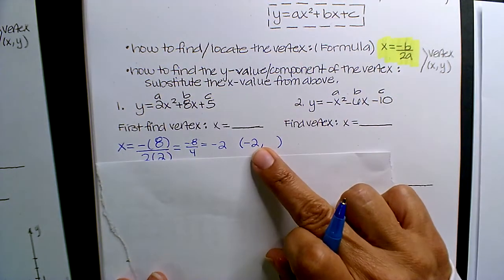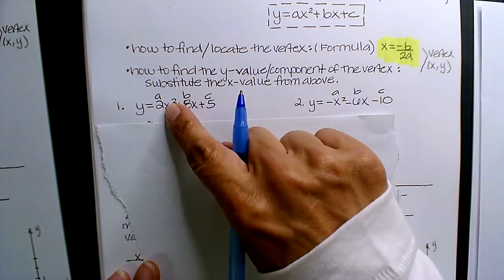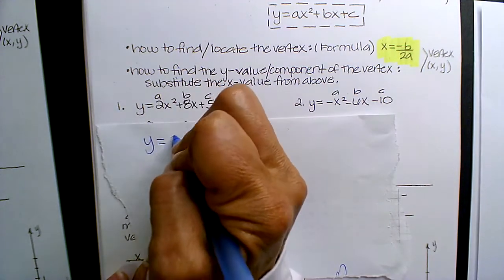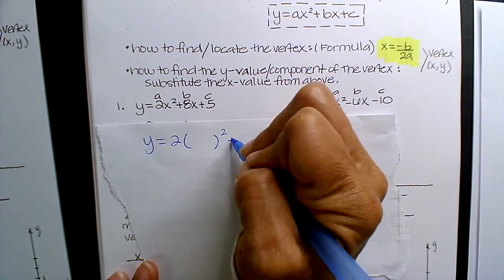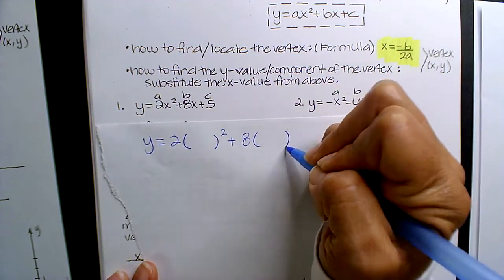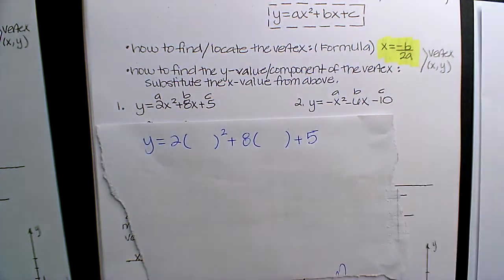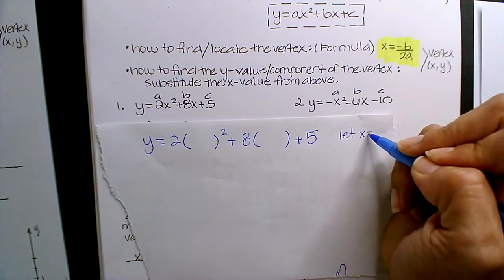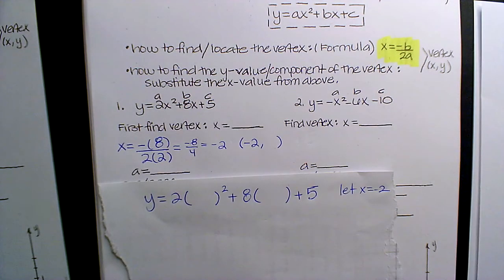If x is negative 2, I'm going to substitute negative 2 into this quadratic, right? This trinomial, right? Okay, so remember, you're going to let x equal negative 2 because of input, output, right?